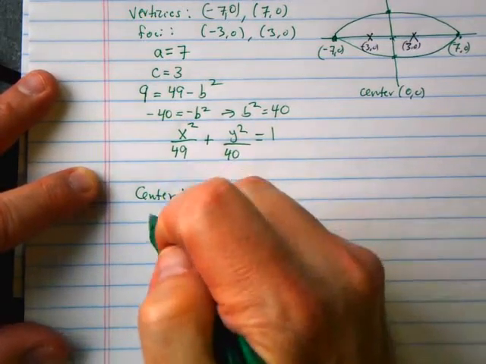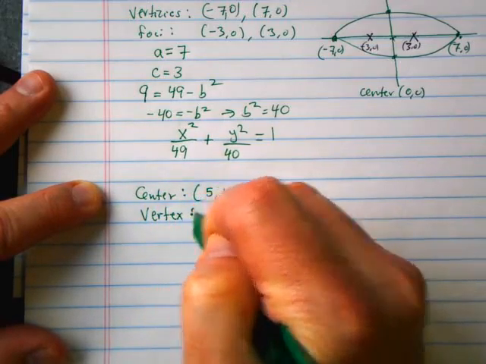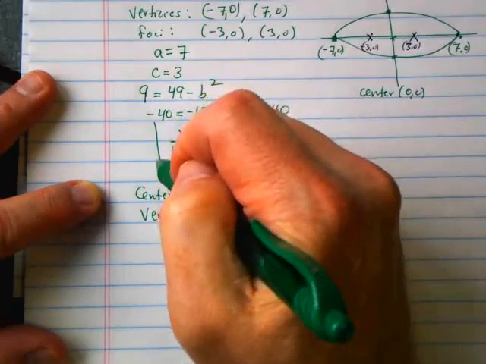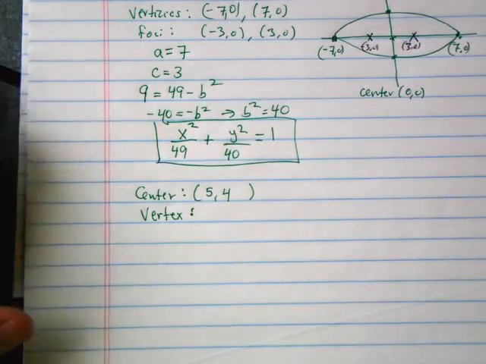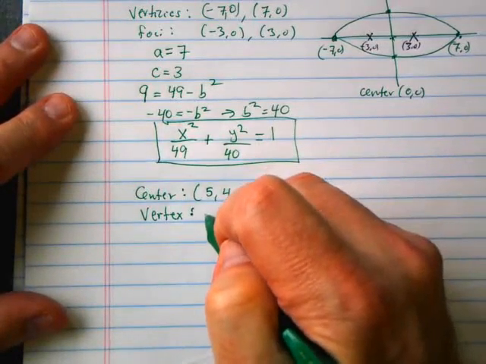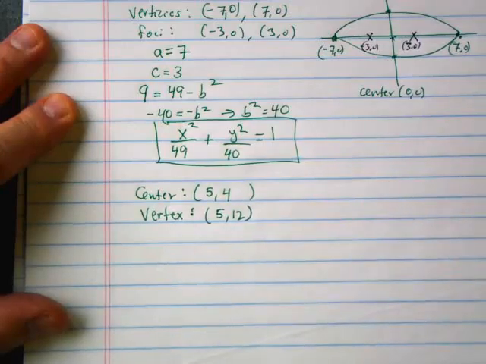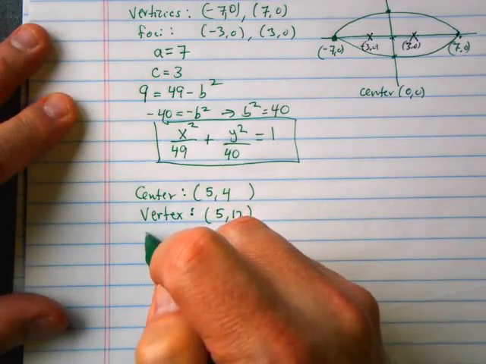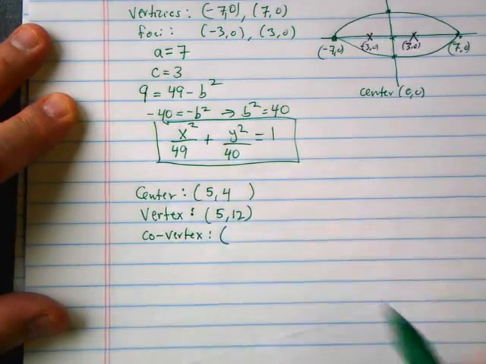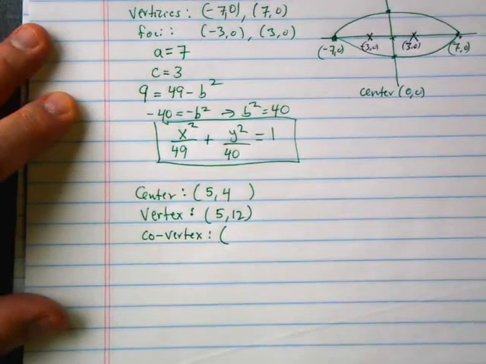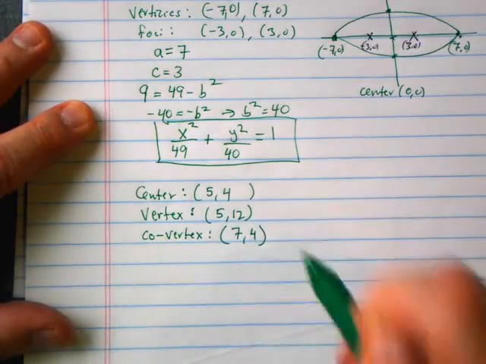And then a vertex is going to be at 5, 12. And a covertex is going to be at 7, 4.